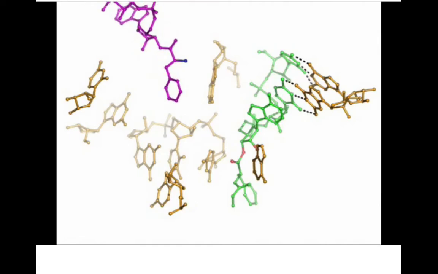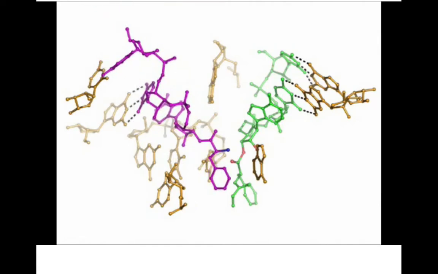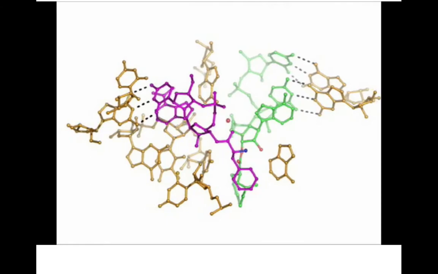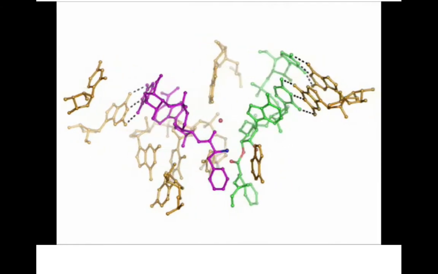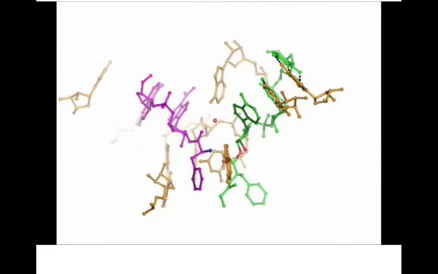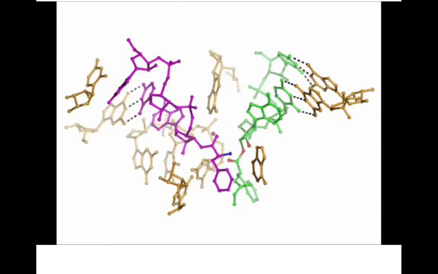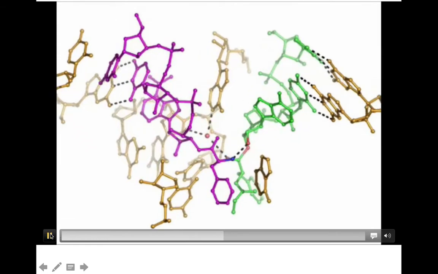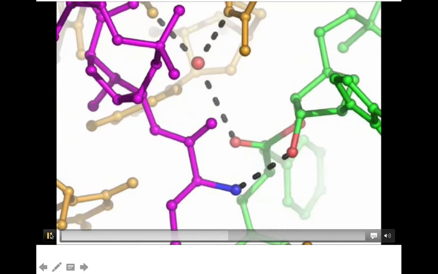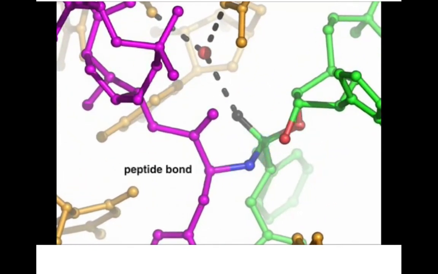The incoming amino acid linked to its respective tRNA binds closely, again held precisely by base pairing interactions between a conserved base on the tRNA and ribosomal RNA. A network of hydrogen bonds positions the reactive groups with the precise geometry required to catalyze peptide bond formation.